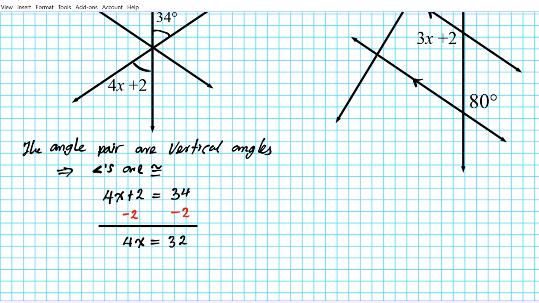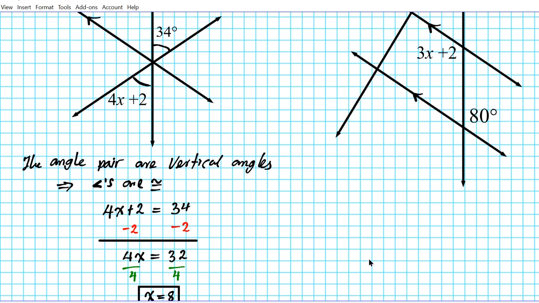Then divide both sides of the equation by 4, and you have x is equal to 8 as the measure of angle x.